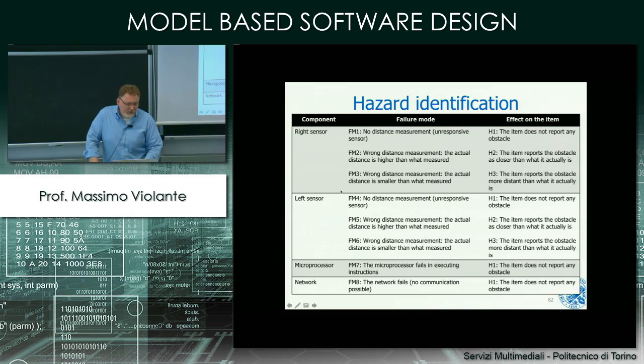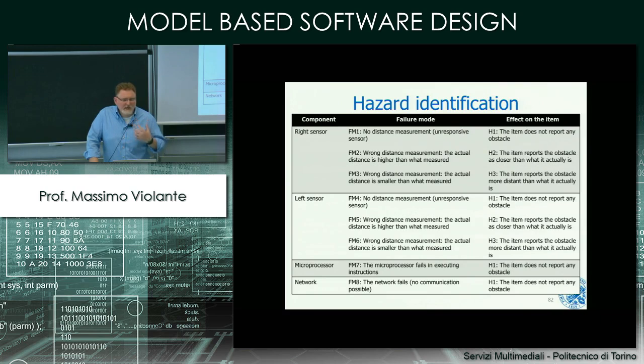The last example is you have the wrong distance measurement, but the actual distance is smaller than what is measured. So you measure 10 meters, but the object is at 5 meters, okay? These are the 3 possible failure modes. Unresponsive sensor, faulty sensor, let's say more pessimistic than what reality is, and more optimistic than what reality is.